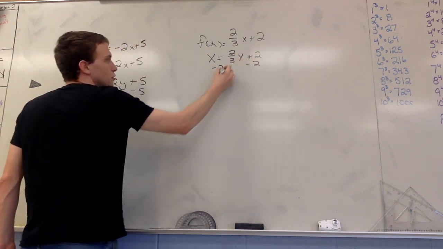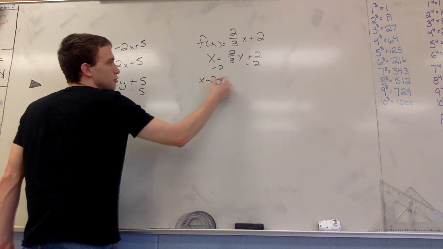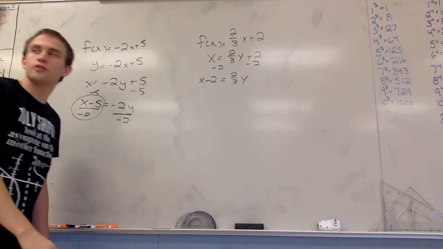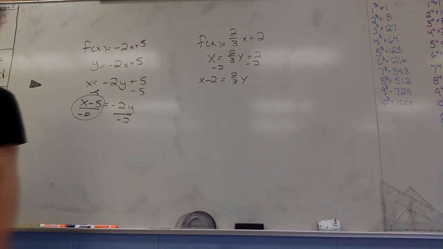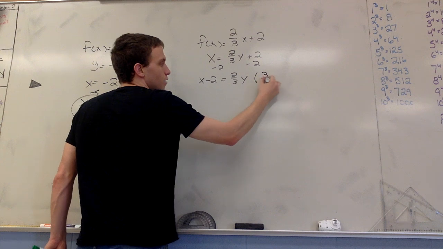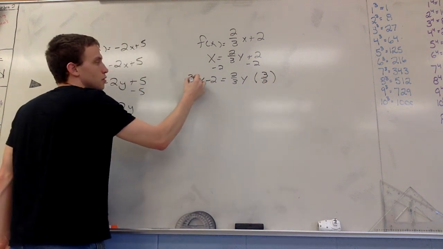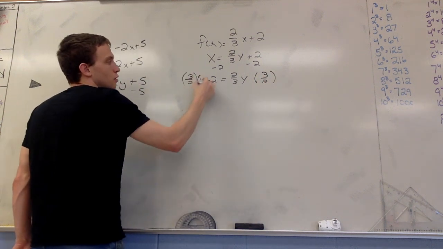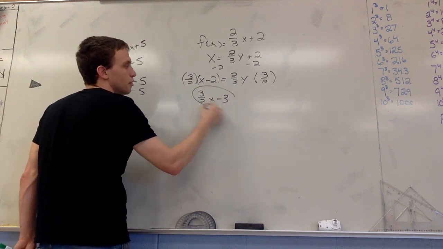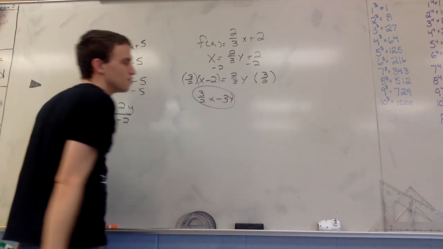Subtract 2. So x minus 2 is equal to 2/3 y. How do I get rid of the 2/3? I multiply by the reciprocal, which is going to be 3 halves. That gives me 3 halves x minus 3 is equal to y.